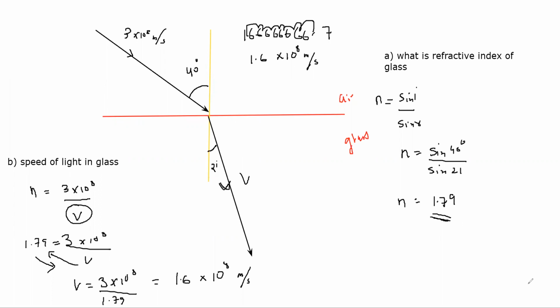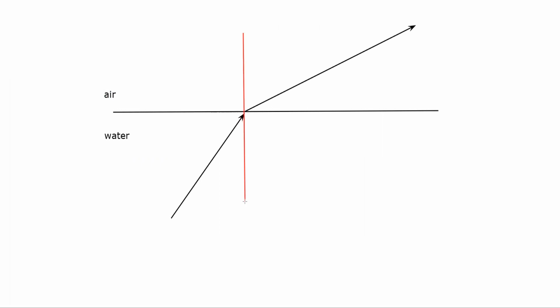Then another question. Example: light is traveling from water to air. As it travels from water to air, it will bend away from the normal, because water is high density and air is low density.